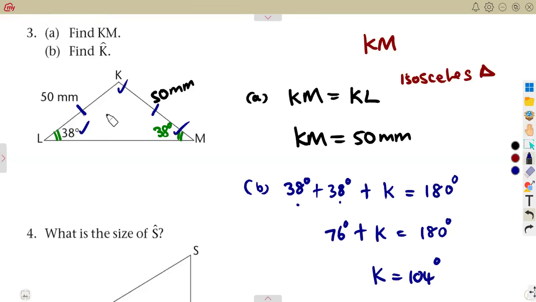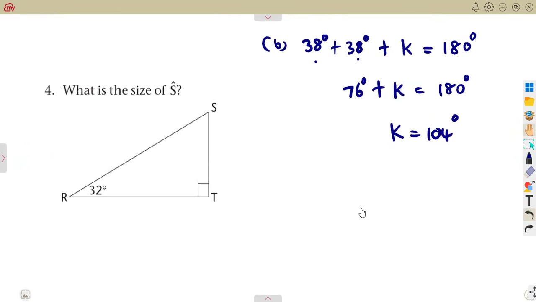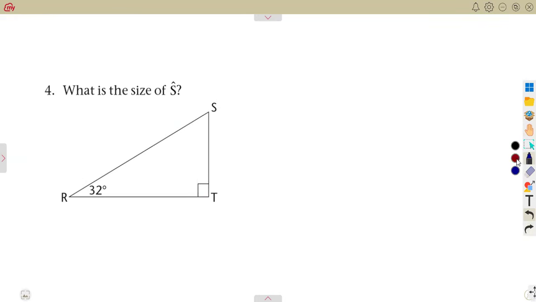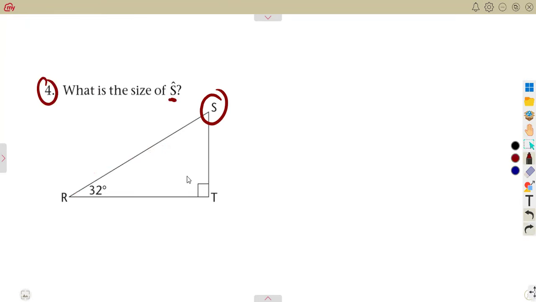So the concept of being an isosceles triangle, like I said, does not change this angle sum of 180. Any triangle, whether it's right angled like this, any triangle, all of these angles add up to 180. So you can take that as an advantage also to answer question 4. What is the size of angle S? This is where our angle S is. What is the size of angle S? Remember, these angles together with angle S must add up to 180.